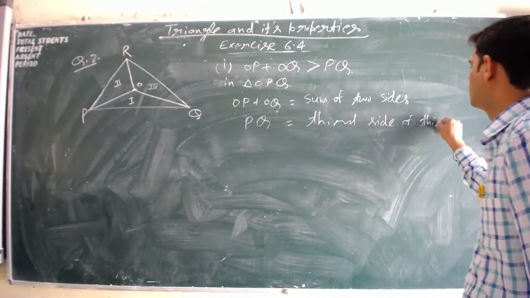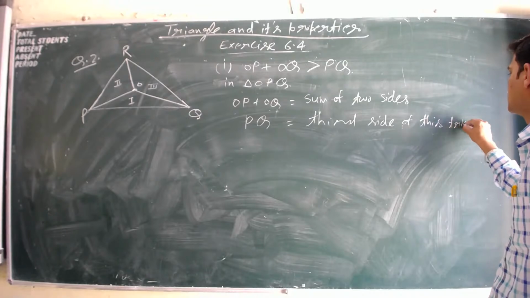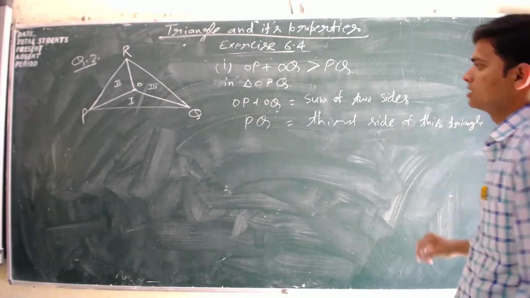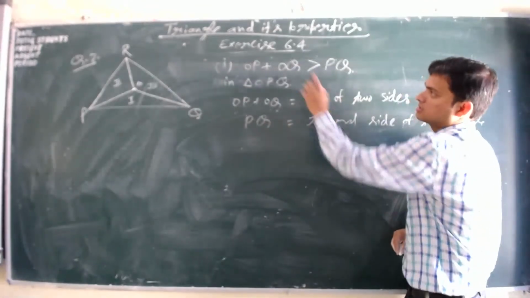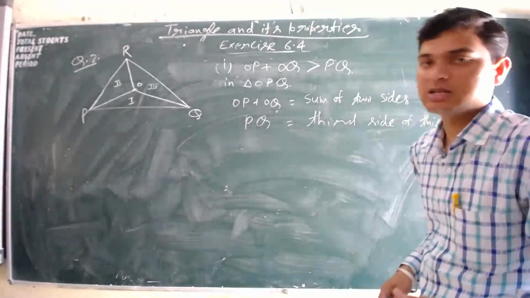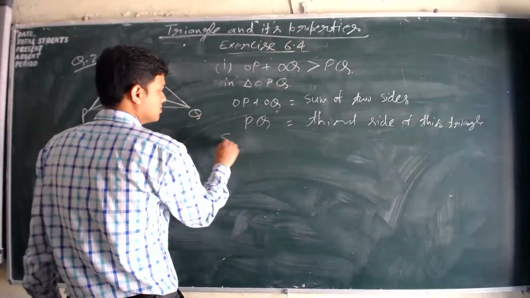Okay, it means यही तो given है कि sum of two sides should be greater than third side. यही तो given है. It means it is possible.